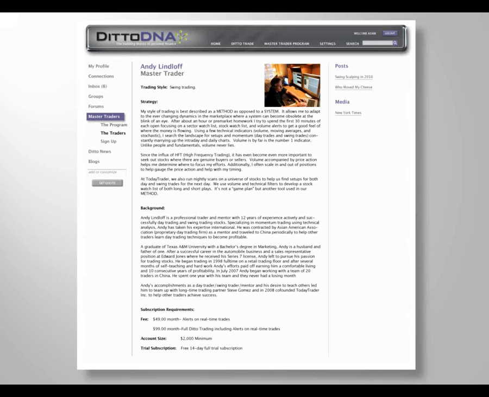So it's a mirroring service, but there's actually none like it, because with the other ones out there, you cannot get the same exact fill that the trader gets. Slippage, yeah, they call that slippage, over time. It's the only way to actually participate in the exact same block trade, so you're getting in at the same price and getting out at the same price. It's a cool concept, and it's coming out of beta, and we've got some followers right now that have been with us, and it's growing, and it's been a lot of fun.